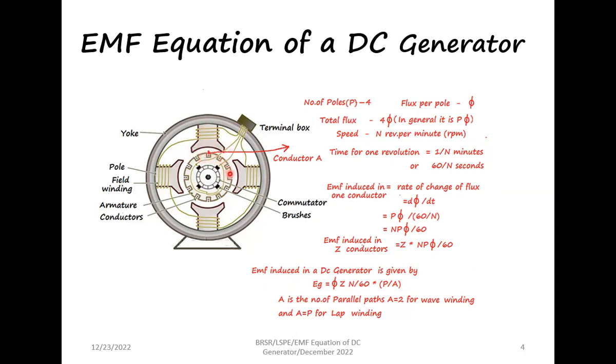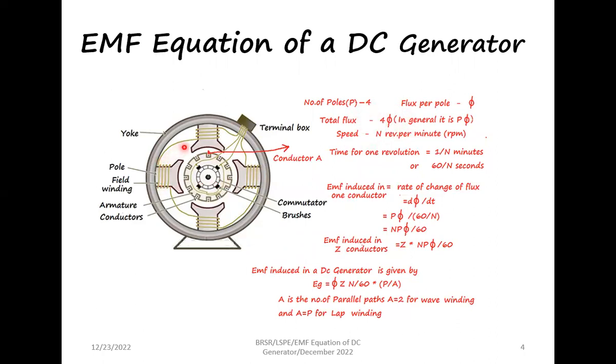As it rotates, it comes across the flux under every pole. For this particular case, this conductor will be subjected to 4 times the flux, 4 phi. In general, if the number of poles is P, it is P phi.